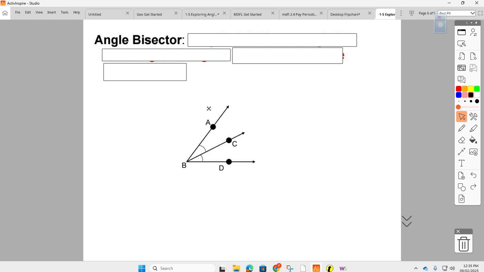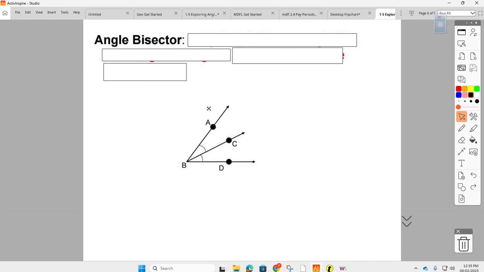What do you think the other part, sector, might mean? Sections, you said. Makes sense, right? So two sections, bisector. So an angle that is split into two sections. Now they have to be congruent sections, right? So two congruent angles. If you have a ray that divides another angle into two congruent angles, then that ray is an angle bisector.